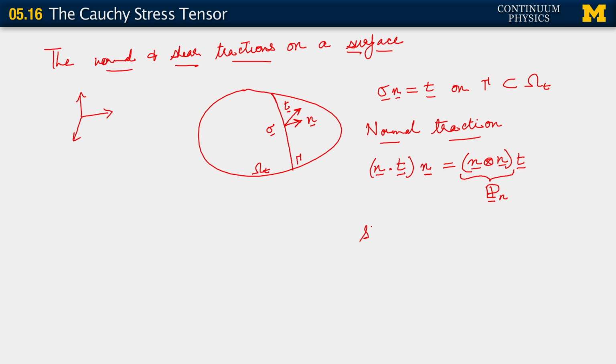Let's go on then and look at the shear traction. Well, the shear traction is just that part of the traction that is not the normal traction. Essentially what we just computed is this: let me move the n to the side.